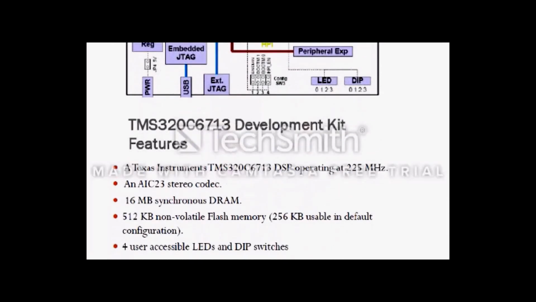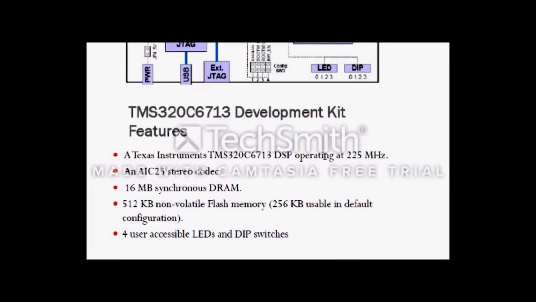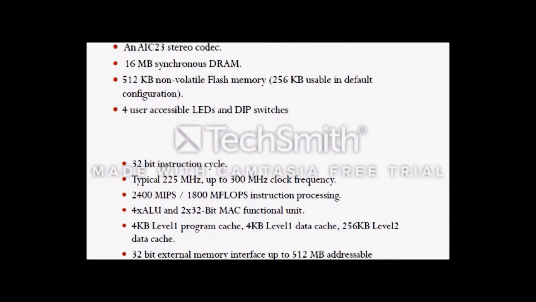So when it comes to the features in the 6713 development kit, its operating frequency is 225 MHz, and it has an AC23 stereo codec. We have 16 MB SDRAM and 512 KB non-volatile flash memory, and here 256 is usable, and we have 4 user accessible LEDs and DIP switches, and it's basically a 32-bit instruction cycle.